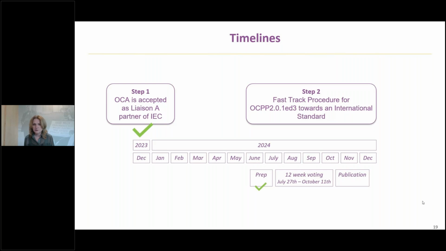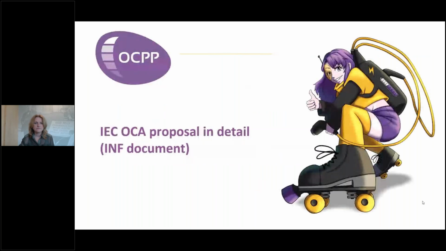So there will be no difference between OCPP and the IEC 63584. And also important, the Open Charge Alliance will continue to maintain the standard as we have done over the past 10 years. And every updated version we will again submit to IEC through the fast track procedure. So every version of OCPP will also be voted upon within IEC.